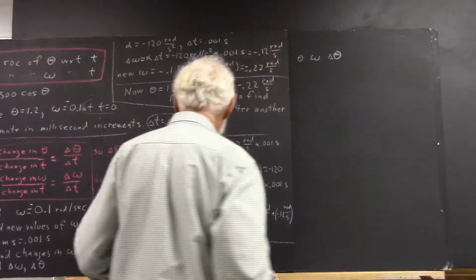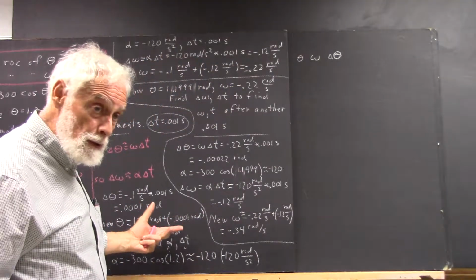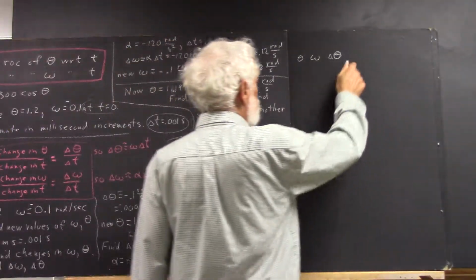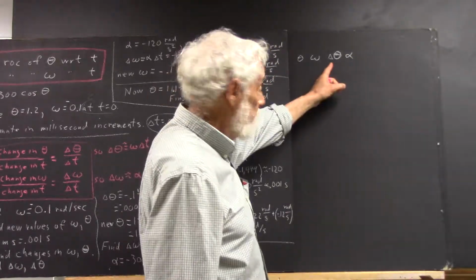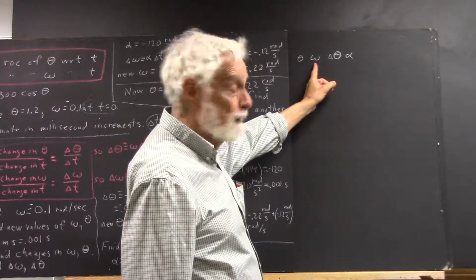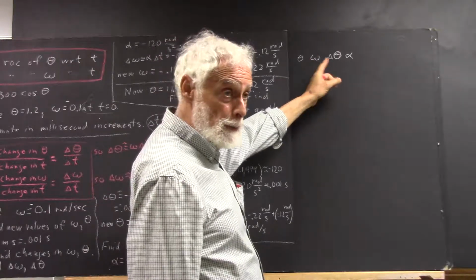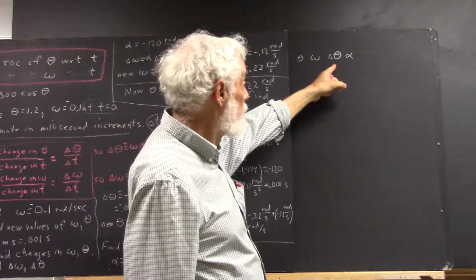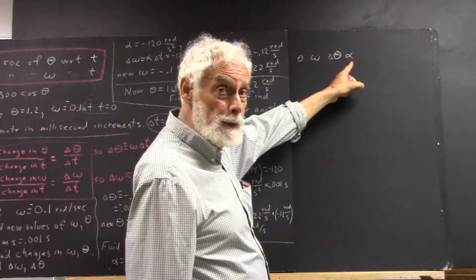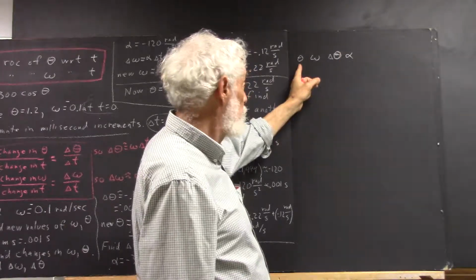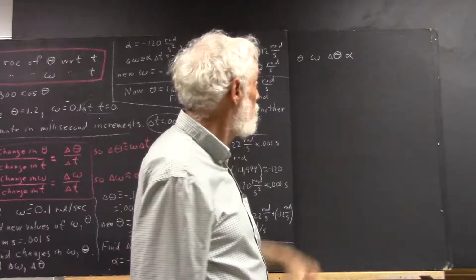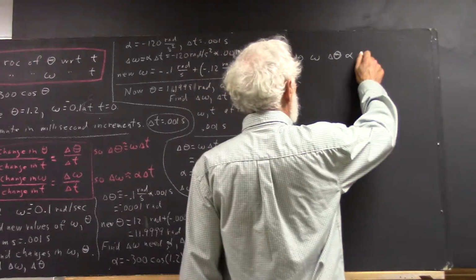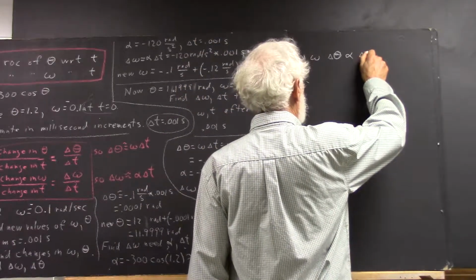Then we want to calculate our delta omega, but that's going to require alpha, so we have to calculate alpha. We can calculate delta theta because we know omega, and delta theta is omega times our delta t. We can calculate alpha because the formula for alpha is given in terms of theta. If we know theta, we can find alpha. Then, knowing alpha, we can find delta omega.